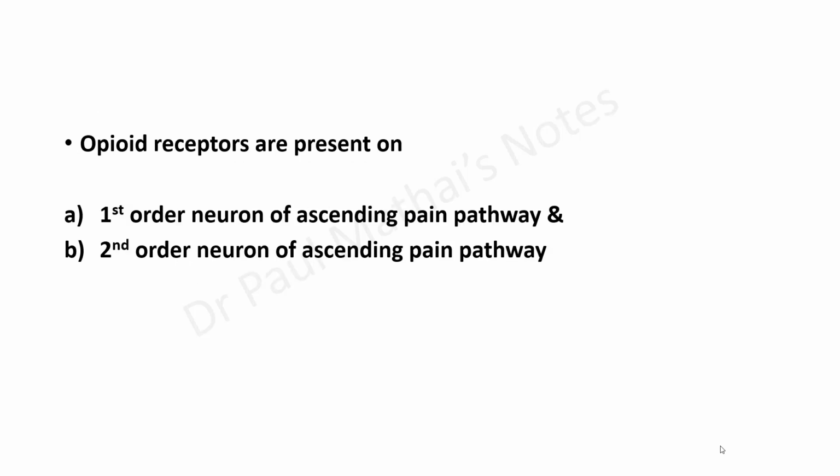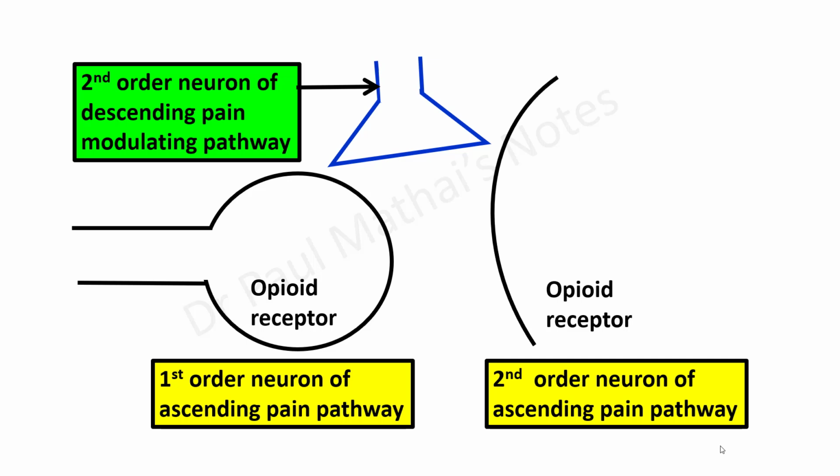So opioid receptors are present on the first order neuron of the ascending pain pathway and the second order neuron of the ascending pain pathway. So coming back to this diagram, the second order neuron of the descending pain modulating pathway will release enkephalins, and this will bind to the opioid receptors present on the first order neuron and second order neuron of the ascending pain pathways.